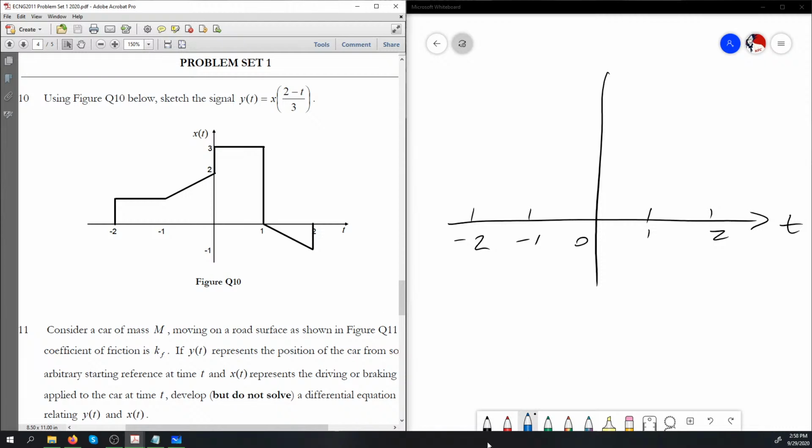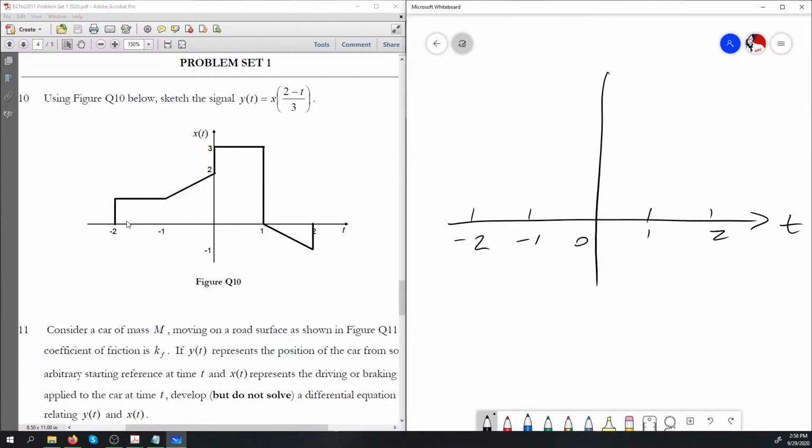Alright, so we need to obtain the differential of this signal seen in figure question 10. The first thing that we observe here is that we have a change at t equals -2 from 0 to 1. I'm going to have to put values here on the y-axis.